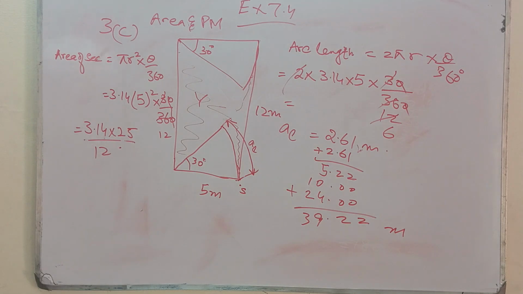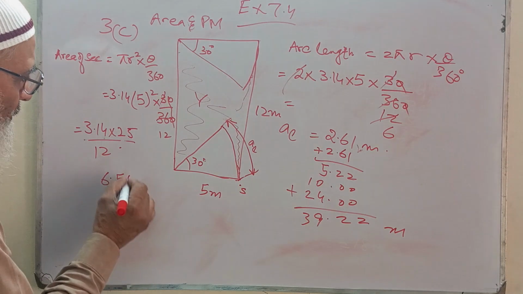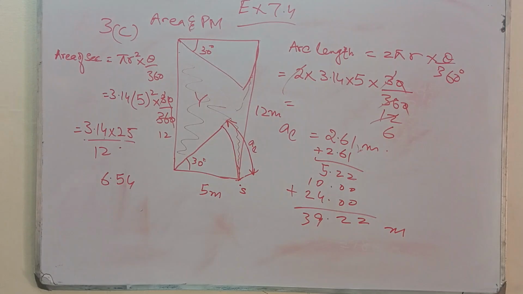So just calculate this: 3.14 multiplied by 25 divided by 12. It will become 6.54. This is the area of one sector.